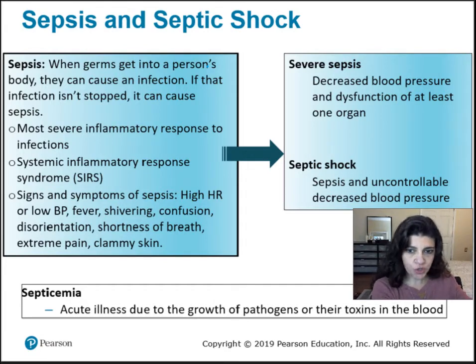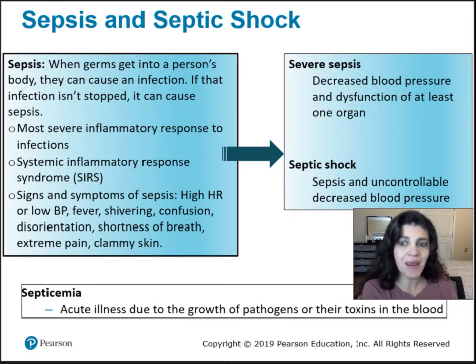Because that initial local infection can become a focal infection, which is when those bacteria present in that area can migrate to a secondary area and cause a secondary local inflammation.